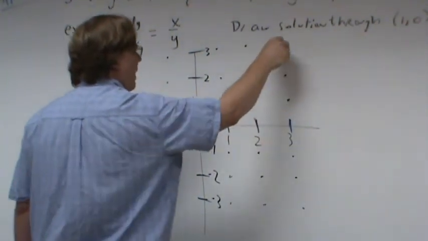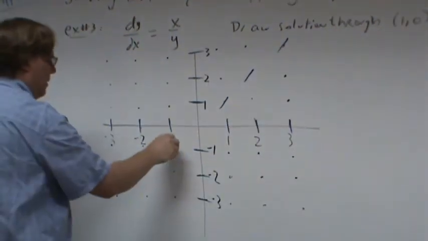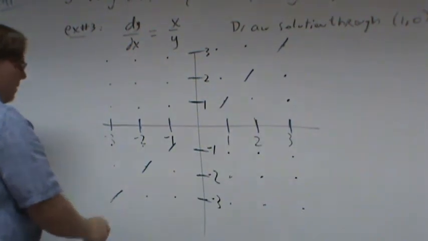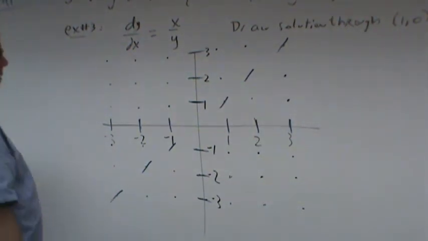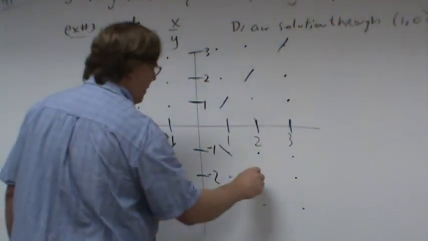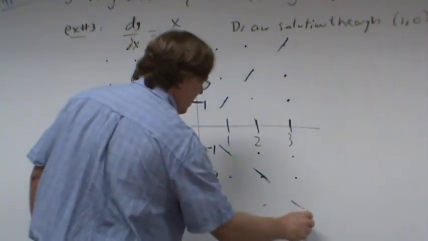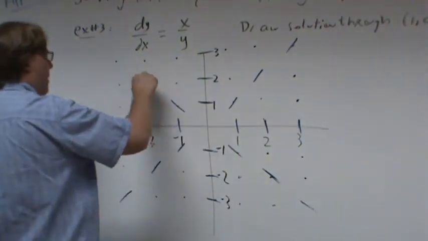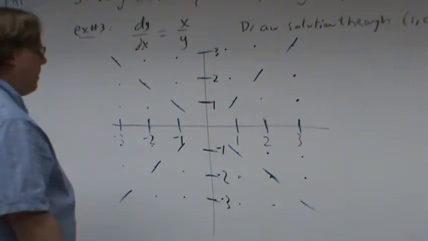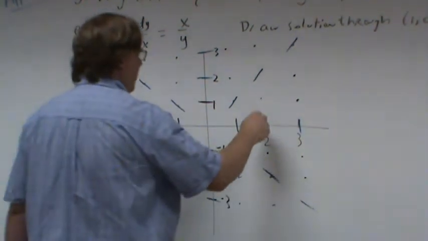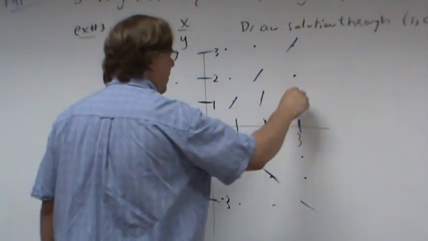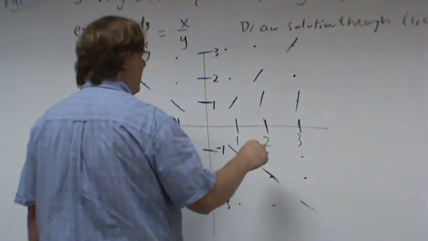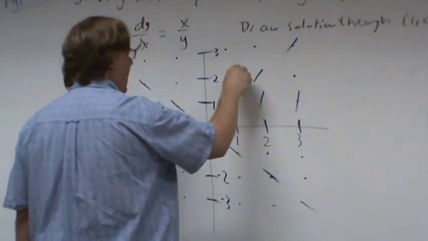X and y are the same, I got slopes of 1. And x and y are opposite, I got slopes of -1. When x is 2 and y is 1, it's 2. When y is 3, it's 2/3. When x is 1 and y is a half, it's 2.